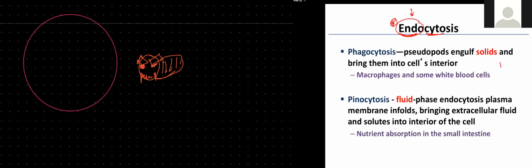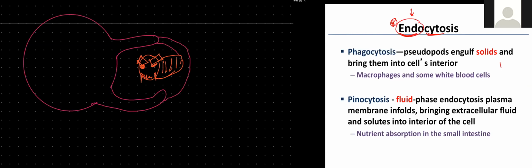It will extend cytoplasmic processes, extensions of its cell membrane, to surround this bacteria. And those two sides of the cell membrane will be fusing together.